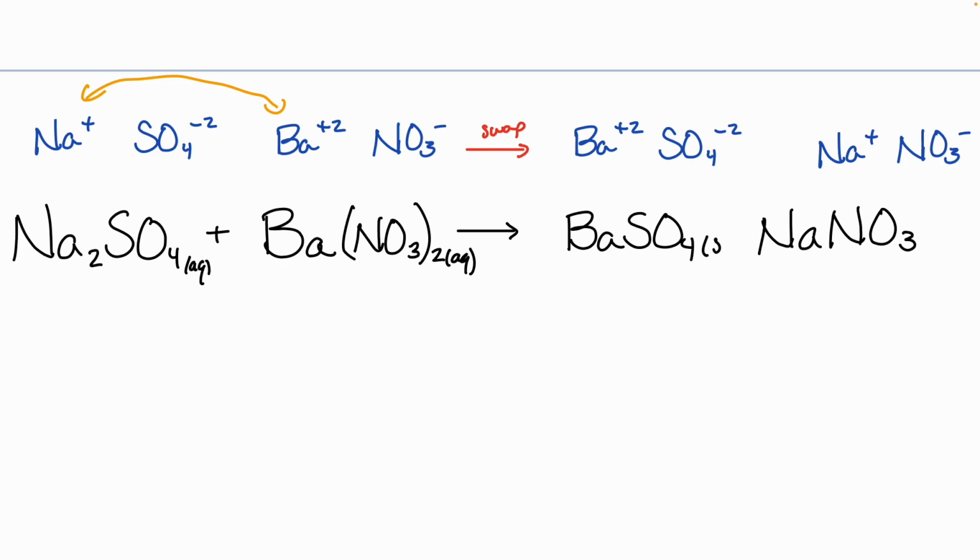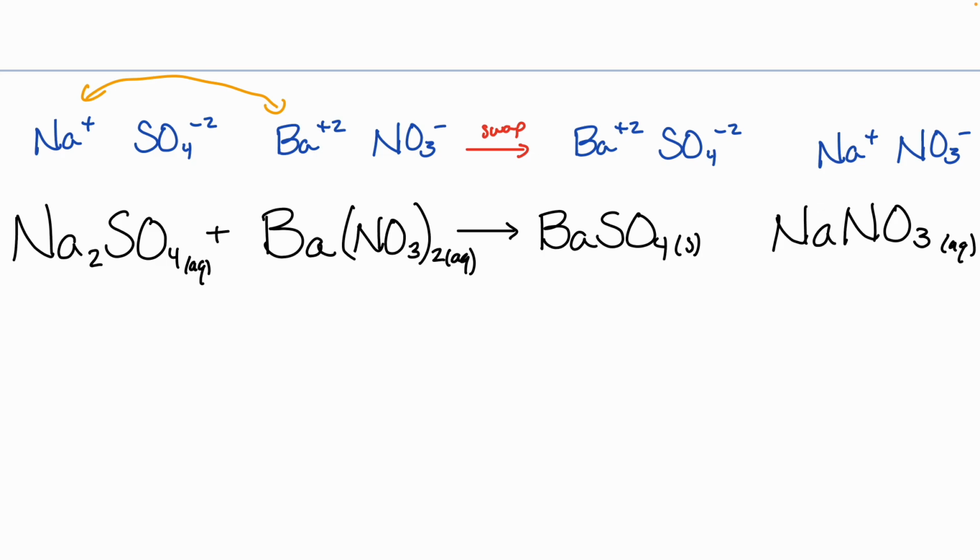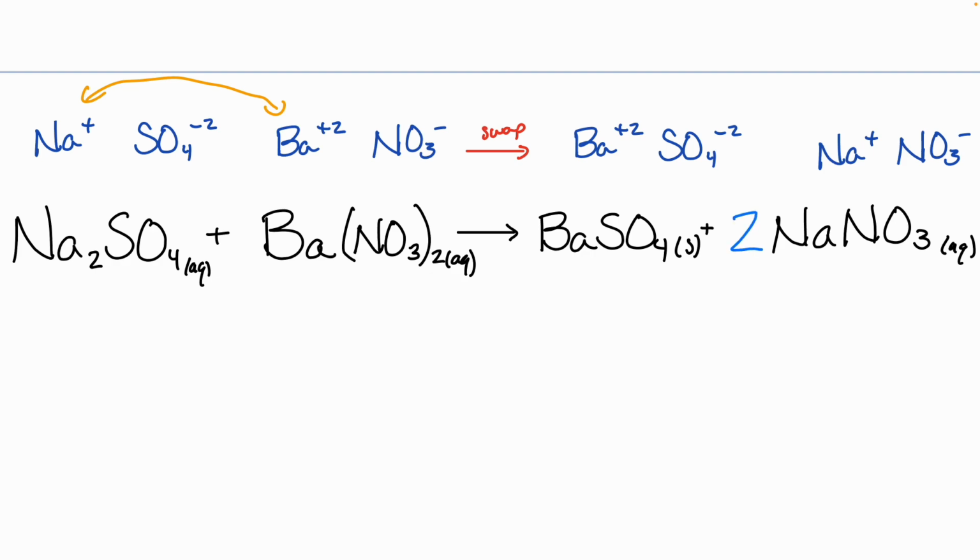So this will be my solid, and this will be my AQ. And then I'm done. What's the last thing? We got to balance. All right, this one's not too bad. I just need a 2 over here on my product side to balance out my sodiums and my nitrates.